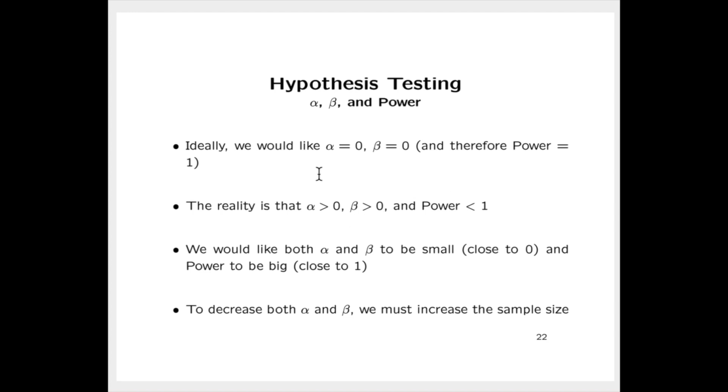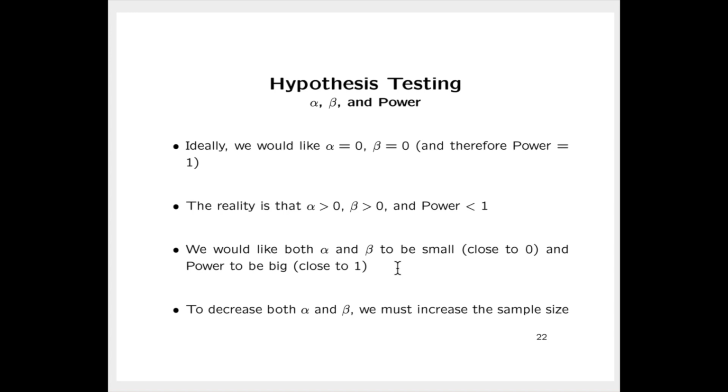Well, if we can't have the ideal situation, we would at least like for both alpha and beta to be small, close to 0, and for power to be close to 1. But remember, alpha and beta have this inverse relationship. If we decrease alpha, if we make alpha small, then beta is going to get bigger. And if we say, okay, let's make beta small, then alpha is going to have to get bigger.